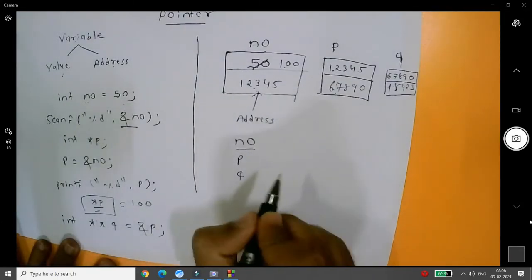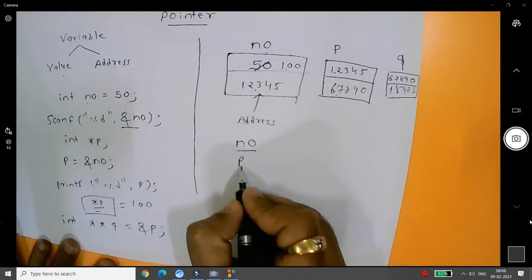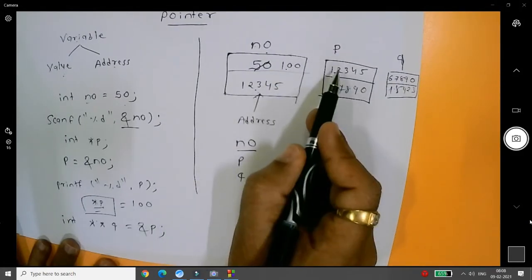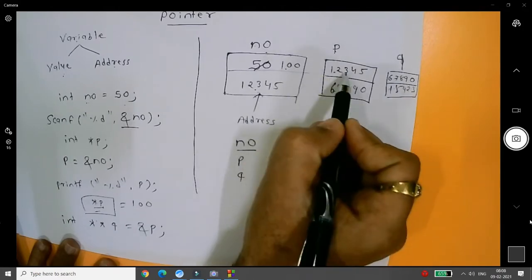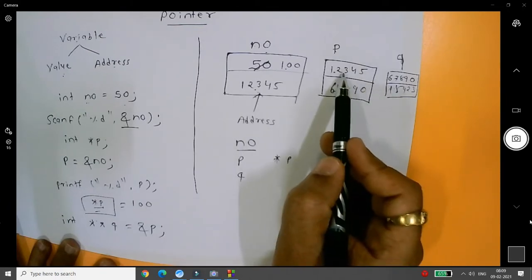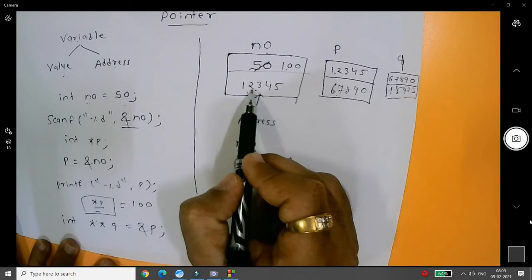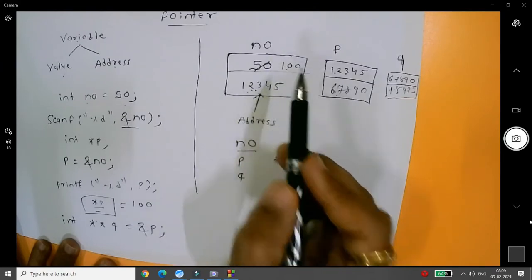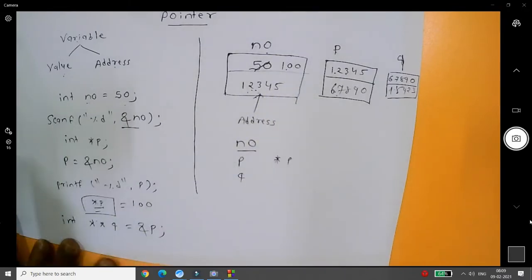Whenever you write number, it will definitely print 100. If you write p, it will print 1, 2, 3, 4, 5. But if you write *p, it will point to the variable stored at this address. This address has the value 100, so whenever you write *p, the value 100 will be printed.